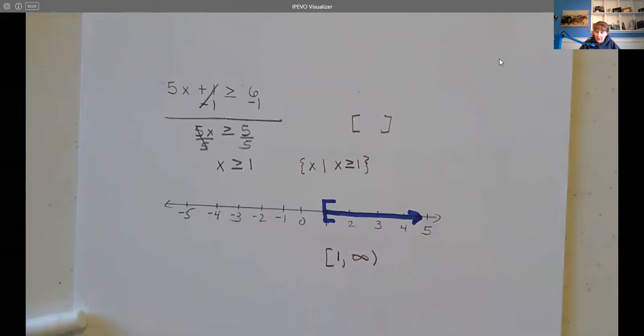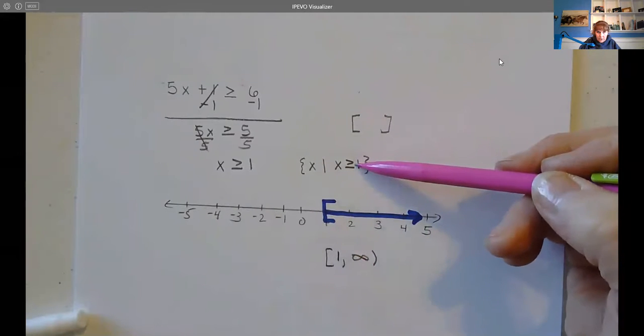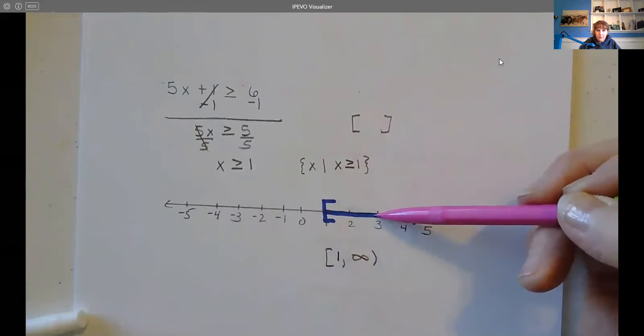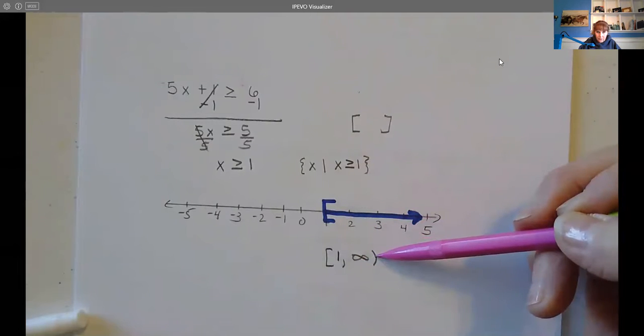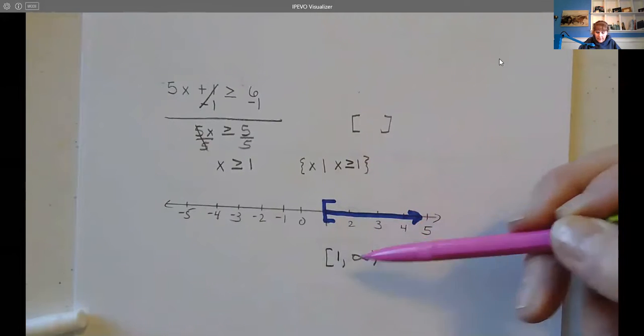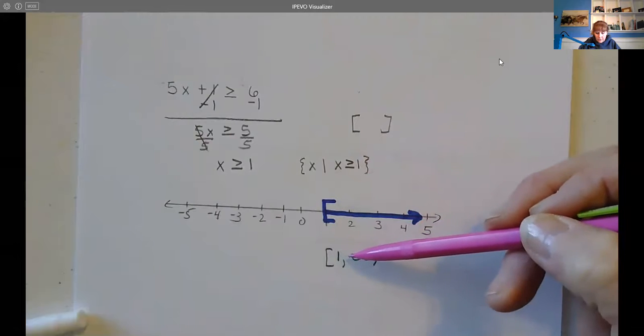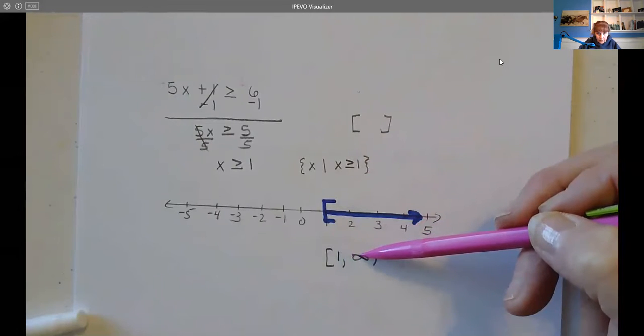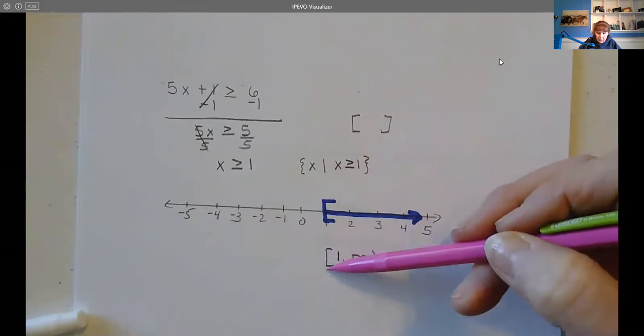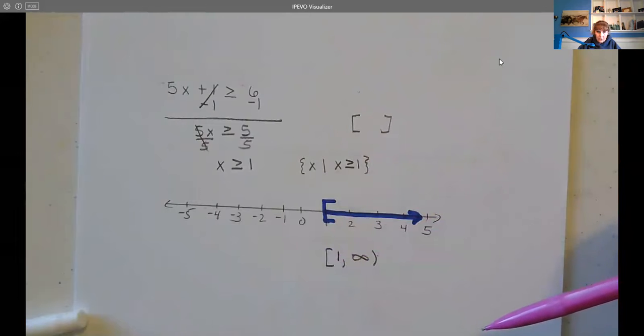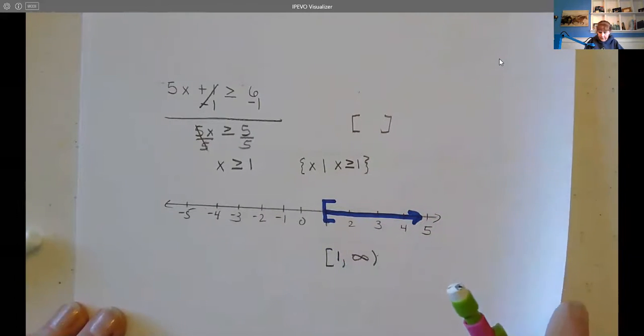All right, and there, set notation solution, graphical solution, interval notation solution. This just means all numbers between 1 and infinity will work, and you can include the 1 in your solution because of the bracket. All right, let's do another one.